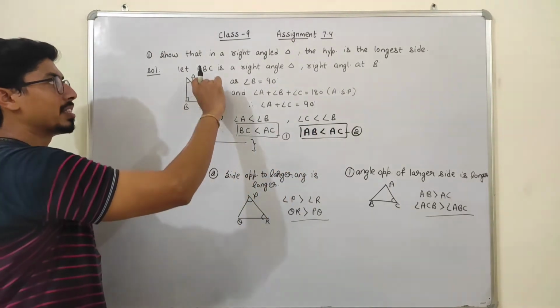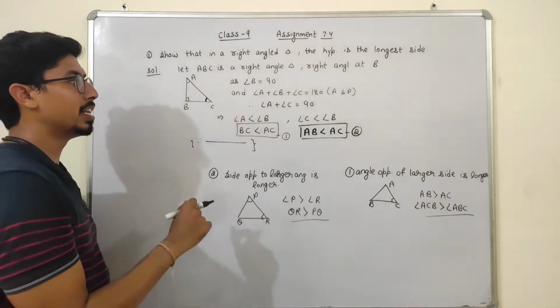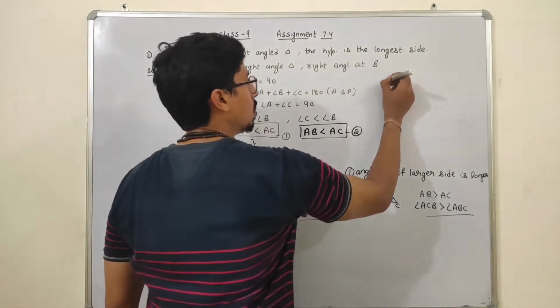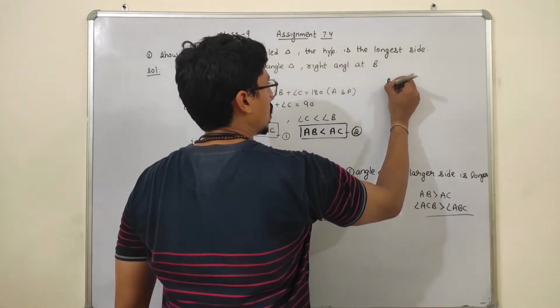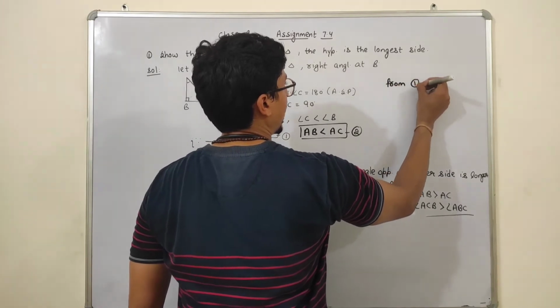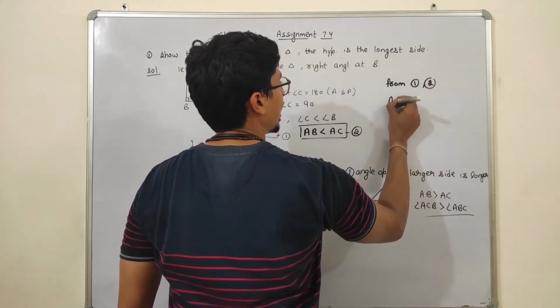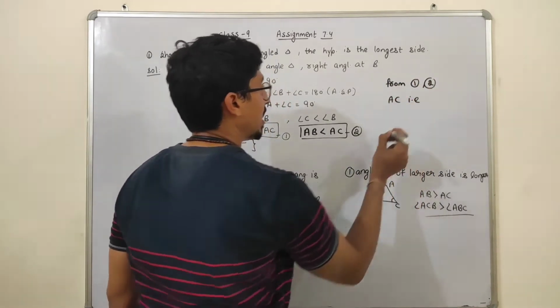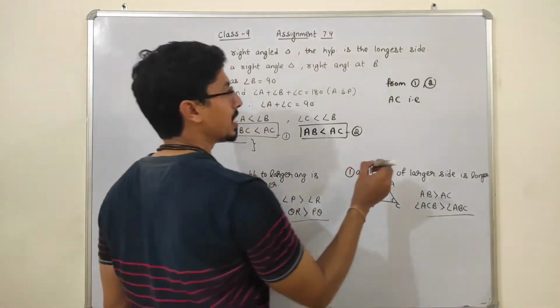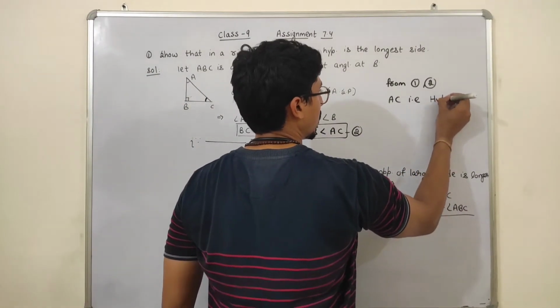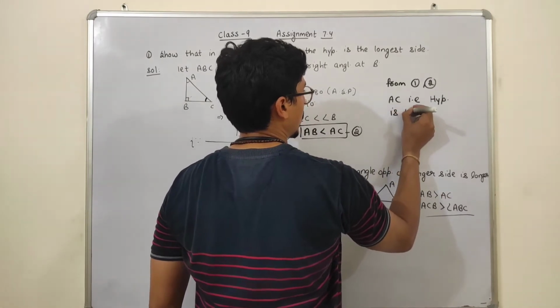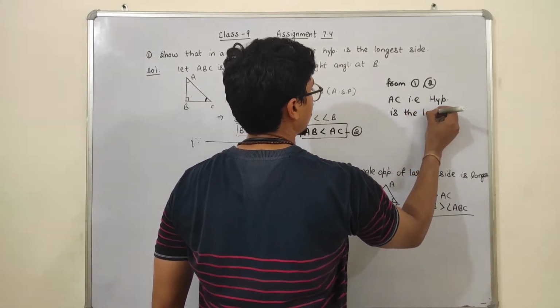This side is shorter than this side. So from 1 and 2, I can say that AC, that is the hypotenuse, is the longest side.